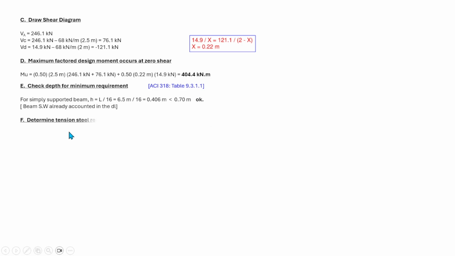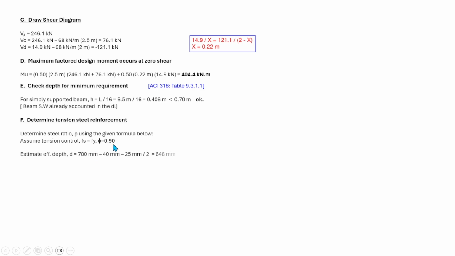Now we will determine the tension steel reinforcement. First of all, we need to determine the steel ratio ρ using the given formula below. We need to assume tension control, so that fs is equal to fy and φ is equal to 0.9. We need to assume these parameters so that we can use the formula.